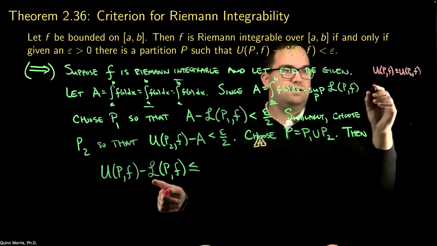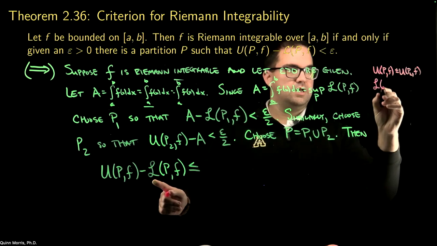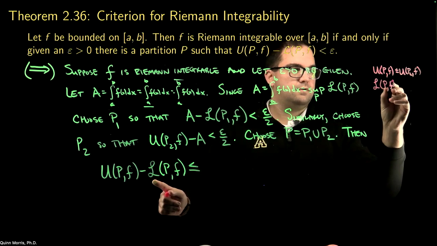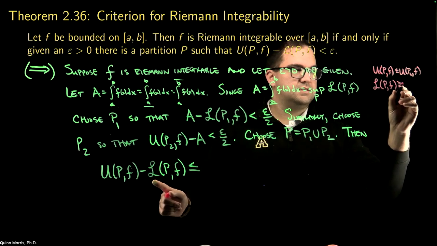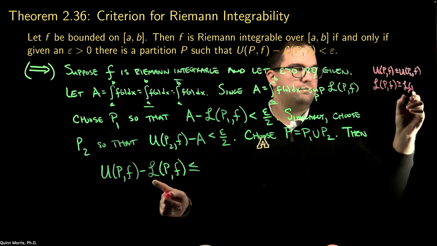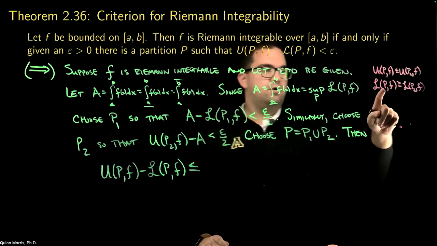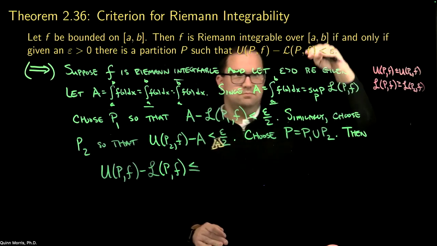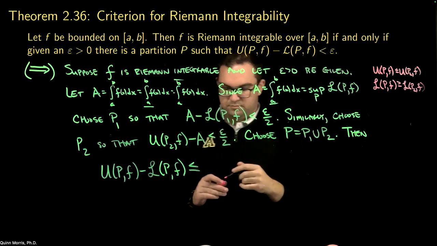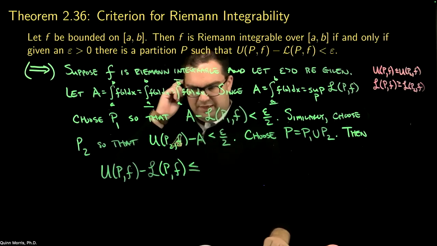Now, on the other hand, it goes the other way with lower sums. We looked at this at the beginning of the previous video. Okay. So here, as we refine, our lower sums get larger. So what's happening here?